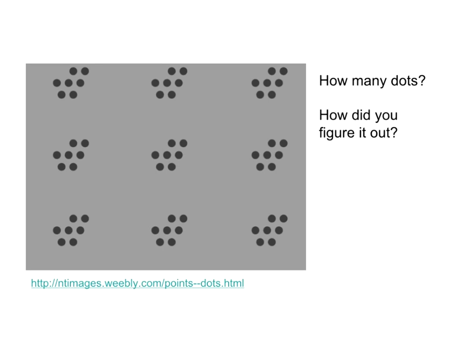So I see 7 times 9, 7 dots times 9 groups. And when you're seeing the 7 dots, can I ask how you figured out there were 7? Did you count them by ones?